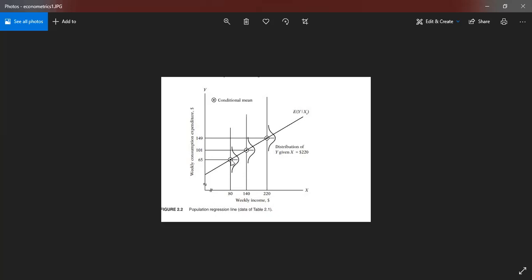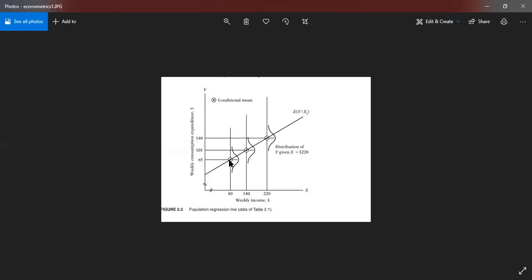That means u also has 5 values, because u is nothing but y minus mean of y. Mean is already 65. So 5 y values are giving you 5 u values, and that means if y is a random variable, u is also a random variable. And what is the mean of u? We know the mean of y. Mean of y here is 65. Mean of u will be 0.